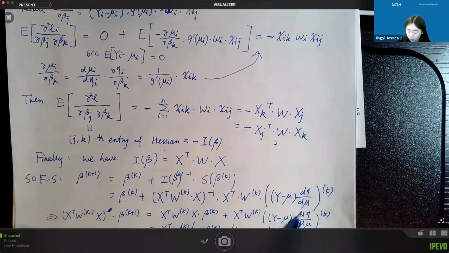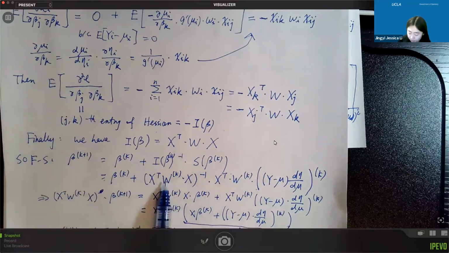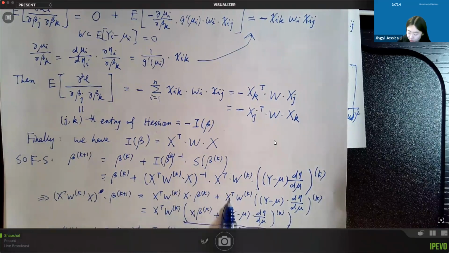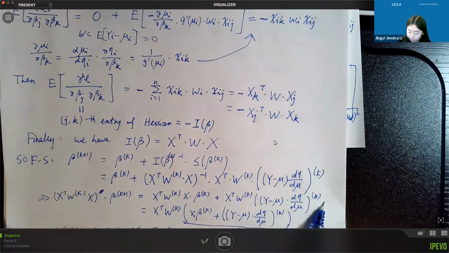Then we want to simplify this a little bit. We first multiply X transpose W_k X to each term. That gives me X transpose W_k X times beta_{k+1} equals X transpose W_k X times beta_k, plus, because of cancellation, X transpose W_k times this vector in the k-th iteration.